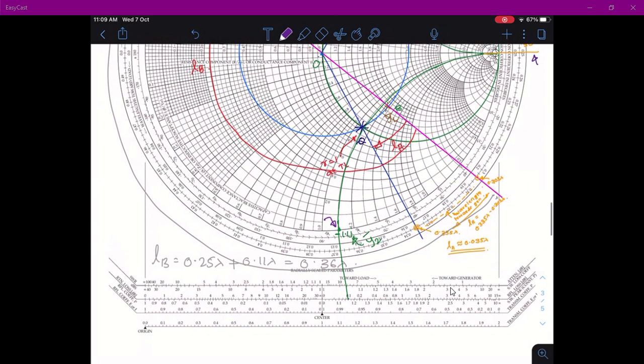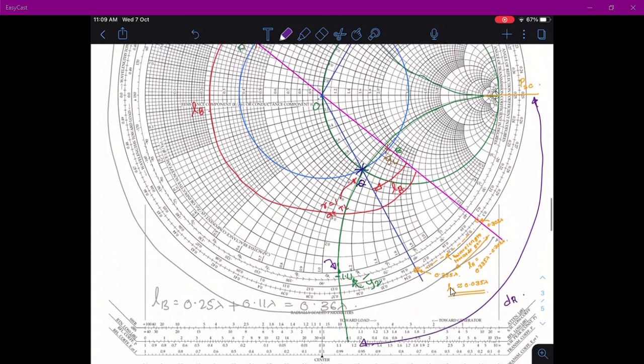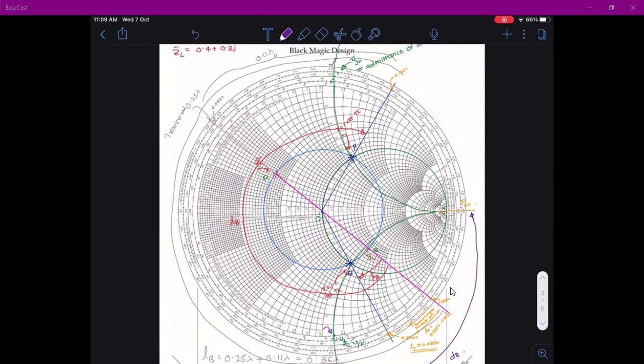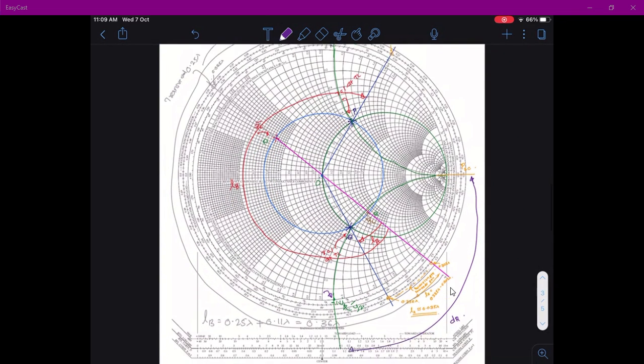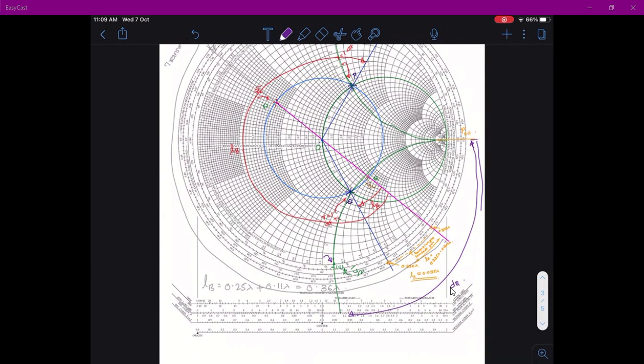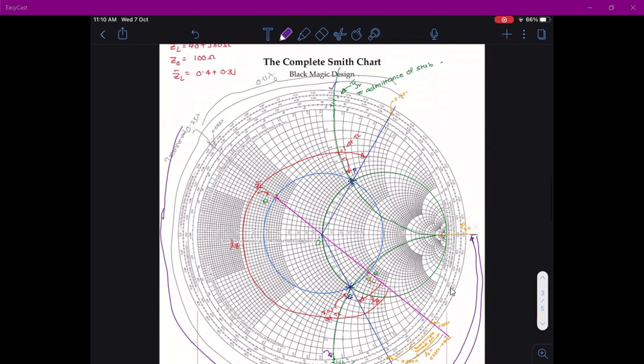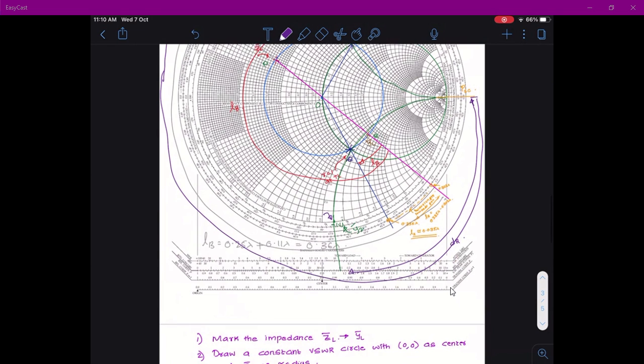So from short circuit you traverse towards the point here, so this is dA, and you can also see there is another point here, so you need to traverse another distance here. So this is dB, and you can find out the lambda.